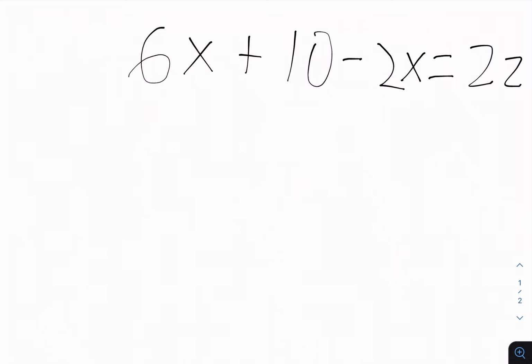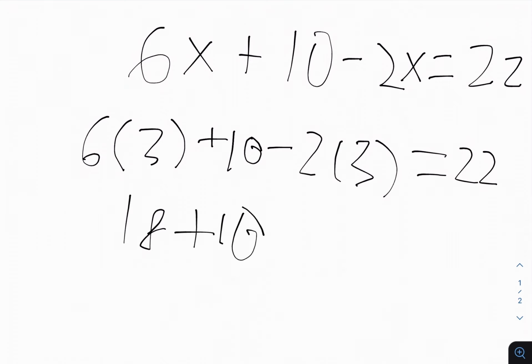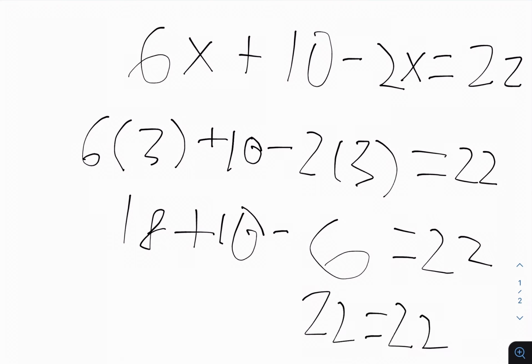Checking your answer is important if you're not really used to this technique. Since you're plugging it in, we need these parentheses. 6 times 3 plus 10 plus 2 times 3 plus 2 minus 2 times 3. 6 times 3 is 18 plus 10, and 2 times 3 is 6, and this minus, I made a mistake, I'm sorry. 18 plus 10 is 28, and we subtract 6, that's 22, so 22 does equal 22.